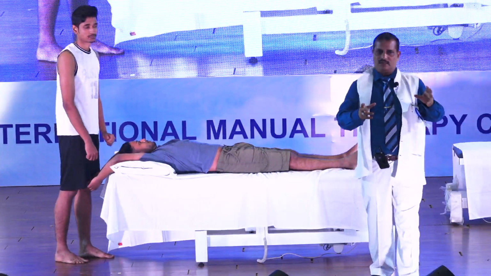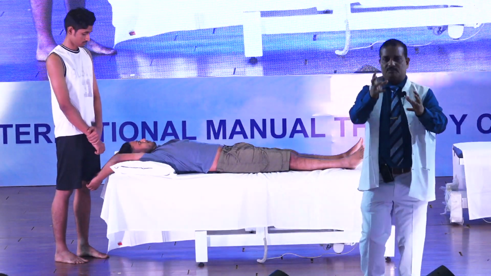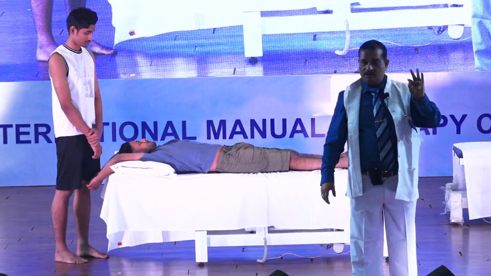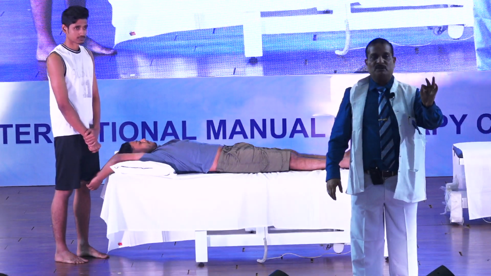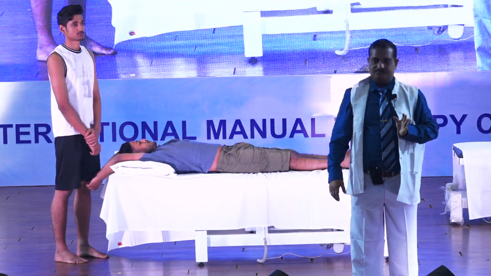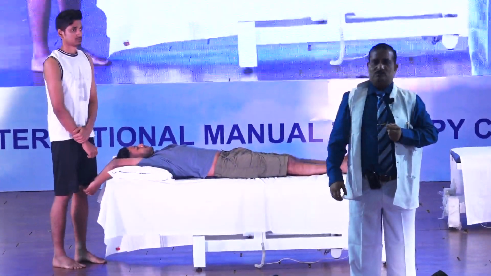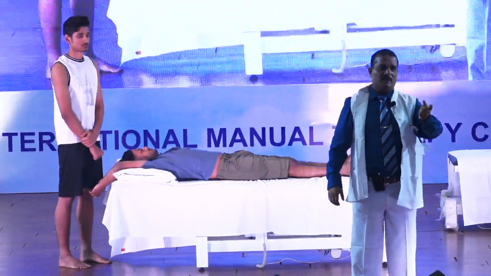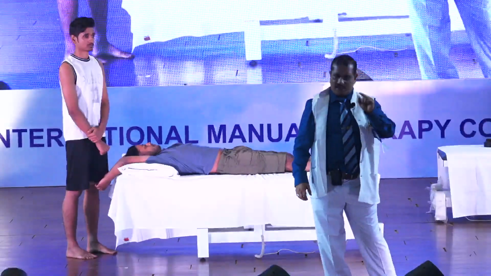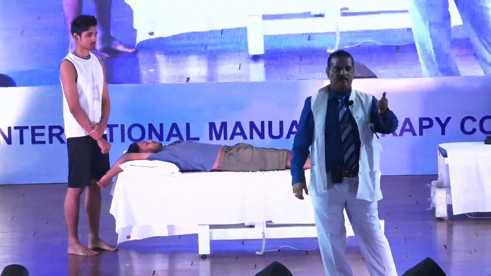Now let us understand. Now when there is slip, the QL, quadratus lumborum muscle, also will become tight. So we need to release it. I told you the principle of Vladimir Janda earlier in rehabilitation.